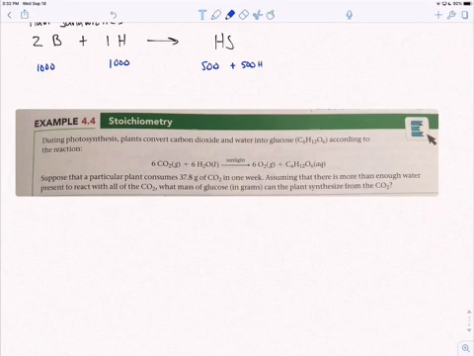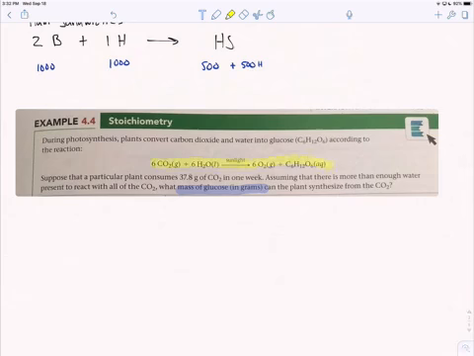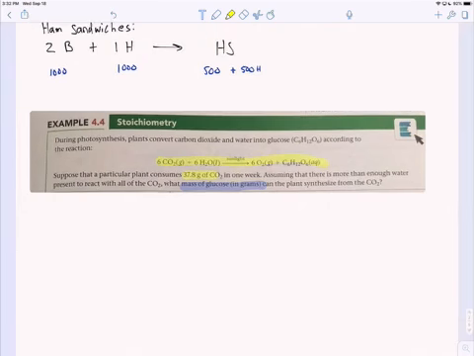So problem solving, let me highlight in blue what we're looking for. What we're looking for is the mass of glucose in grams. So that's what we need. What's the given information? We're given a balanced chemical equation and an amount of reactant.